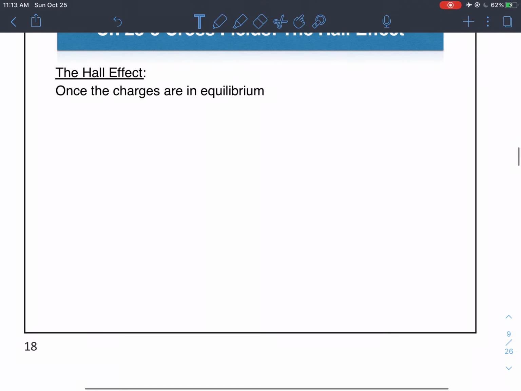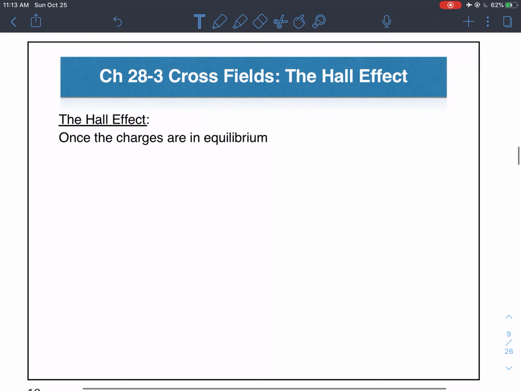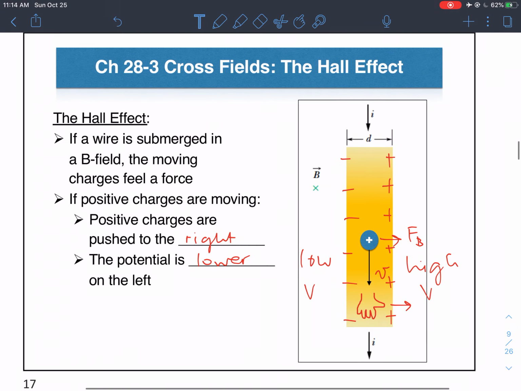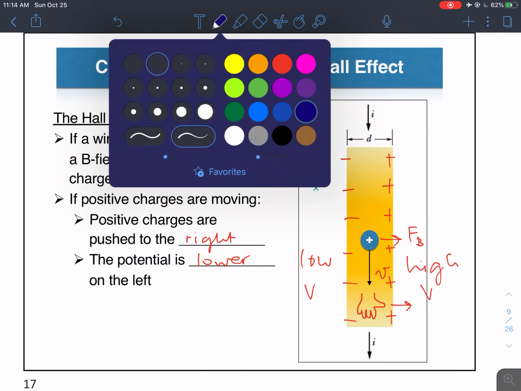Okay, so let's take some notes here, the Hall effect, and let's look at what happens. Let's get some equations put in here. So once the charges are in equilibrium, as I think I skipped that part here. So when we have that magnetic force, the charges are feeling a push, right?